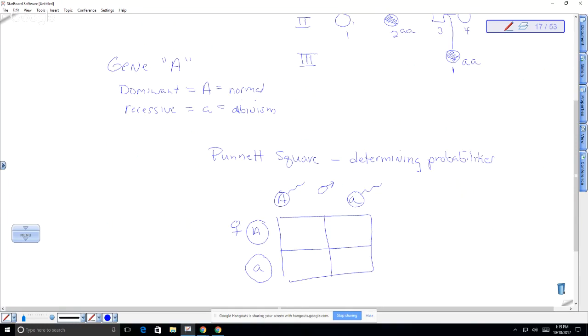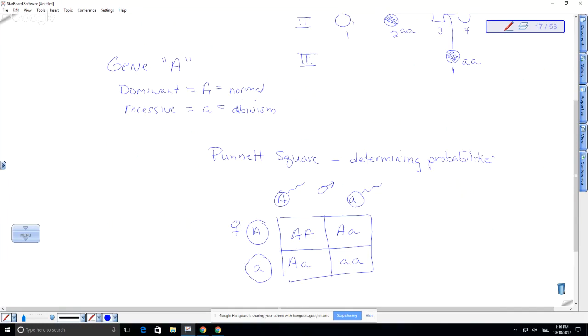So if this sperm, which is a 50% chance, fertilizes this egg, which is also a 50% chance, then we get a 25% chance of big A, big A. Big A, little a. Big A, little a. Little a, little a. Okay, so I'm just combining sperm and egg in the Punnett square.